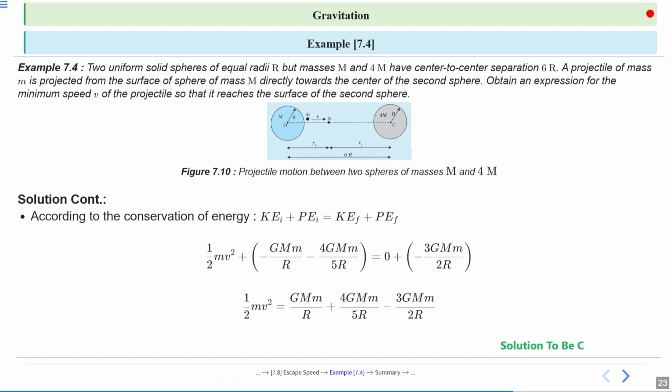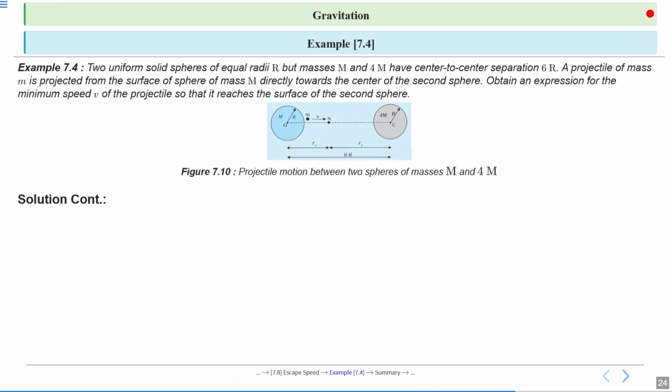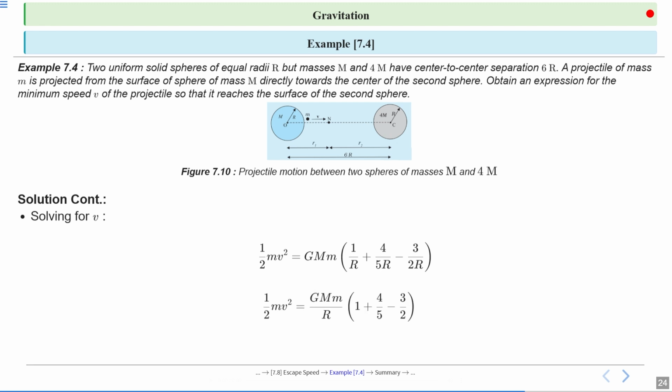So 1 by 2 mv square is equal to GMm into 1 by r plus 4 divided by 5r minus 3 divided by 2r. So it will be 1 by 2 mv square is equal to GMm divided by r into 1 plus 4 by 5 minus 3 by 2.